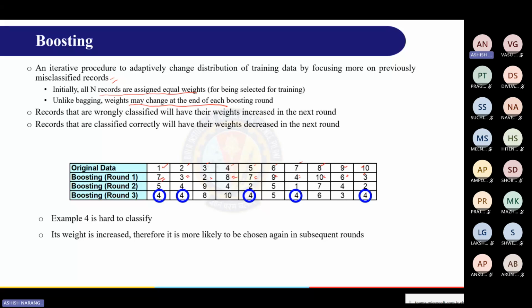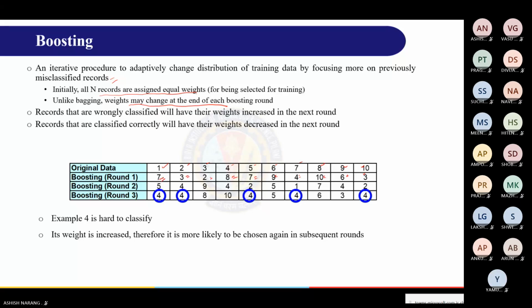Now, in the subsequent rounds, if you look at 4, it could be possible that they were finding 4 hard to classify, and that is why they have chosen 4 multiple times in boosting round 3.